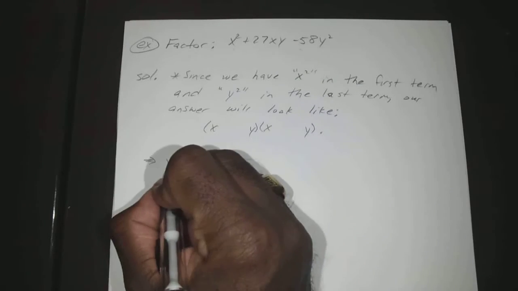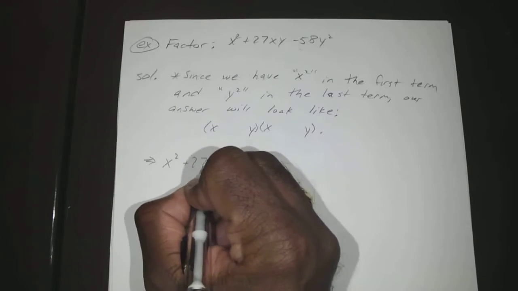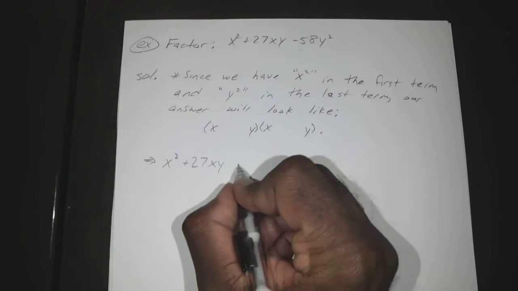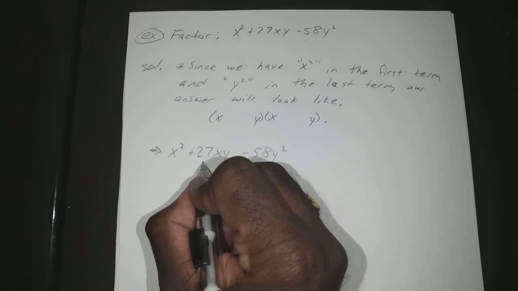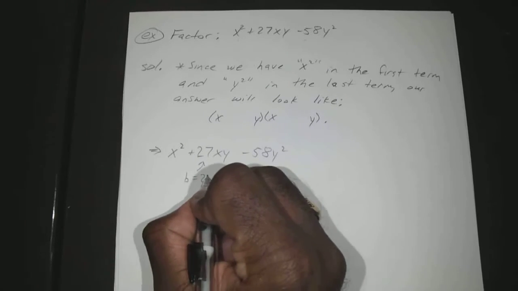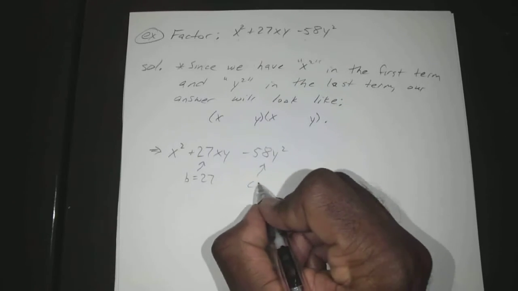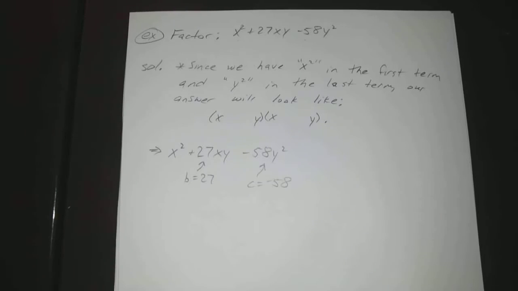Okay, so we know that x squared plus 27xy minus 58y squared, our b is equal to 27, and our c is equal to negative 58.